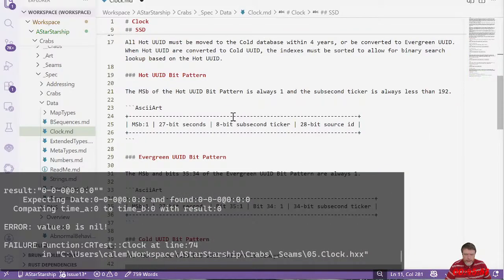Okay, so now the seconds timestamp is always under, it's always 1.